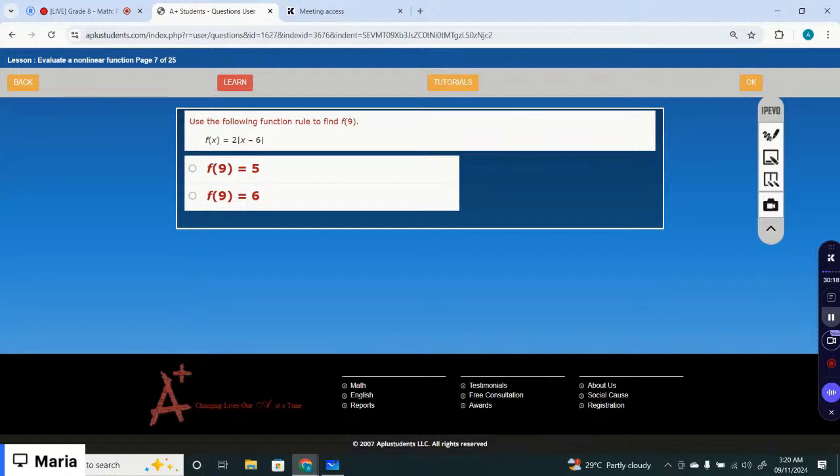So which is the correct option? Option number 2 is the correct option, that is f of 9 equals 6.